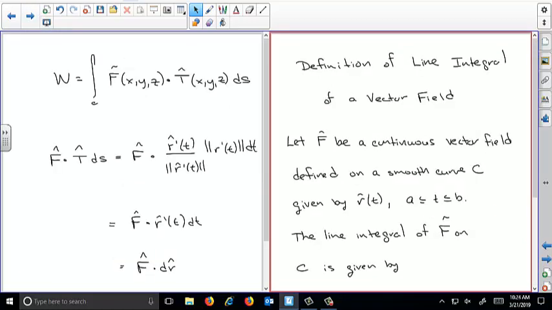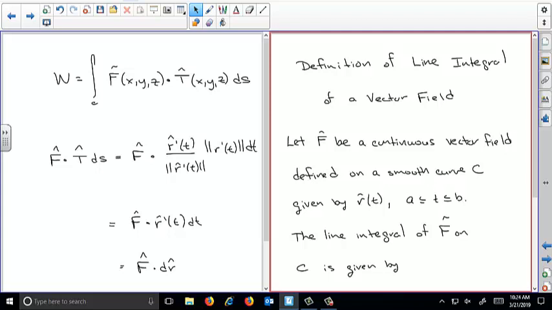Okay, so putting that all together, the definition of the line integral of a vector field. First, you have to have F, the force. Well, we're saying it's force, but it can be any vector, the field vector. Let it be a continuous vector field defined on a smooth curve C given by r of t.